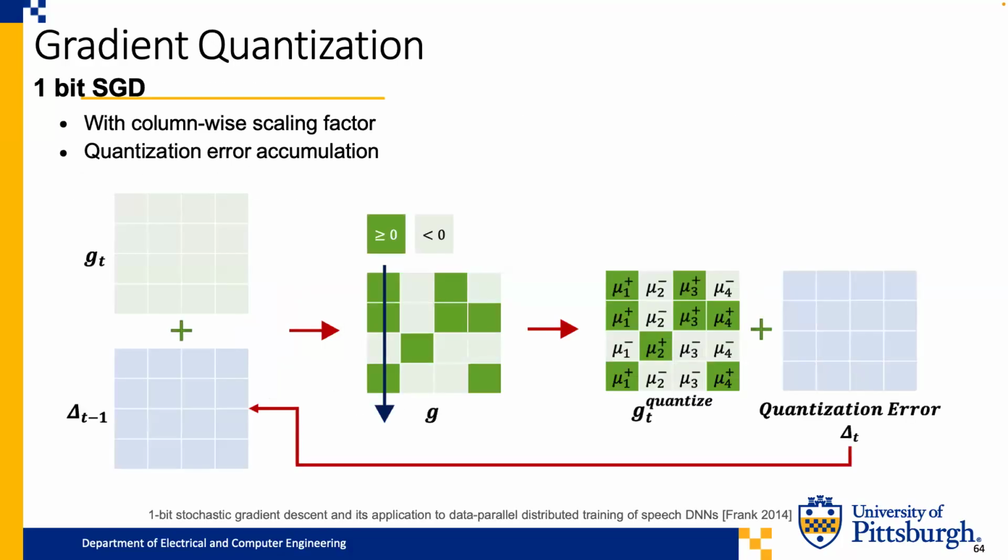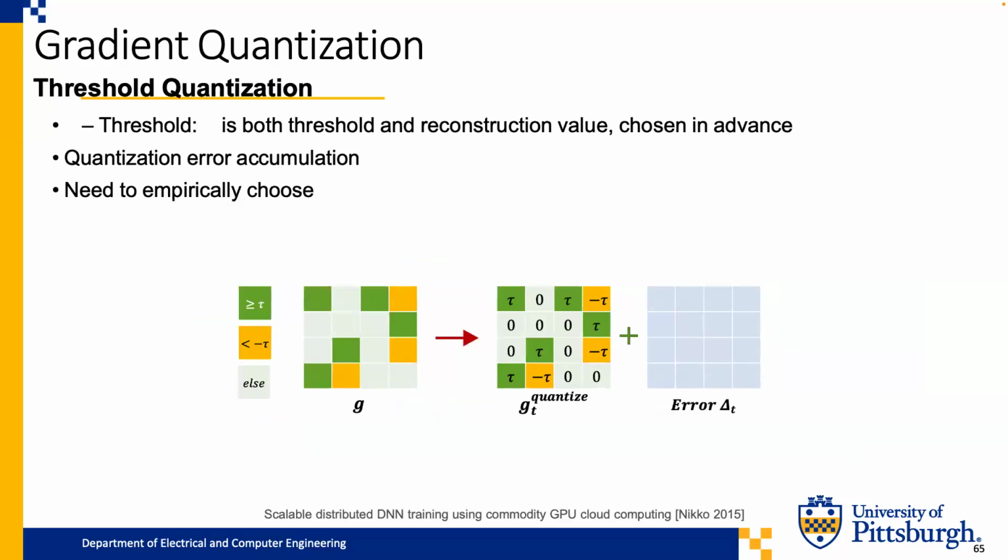Another way, instead of the binary column-wise quantization, is the so-called threshold quantization. They define a threshold tau. If it's greater than tau, it's positive; if it's less than negative tau, it's negative; if it's in the middle, it's 0.